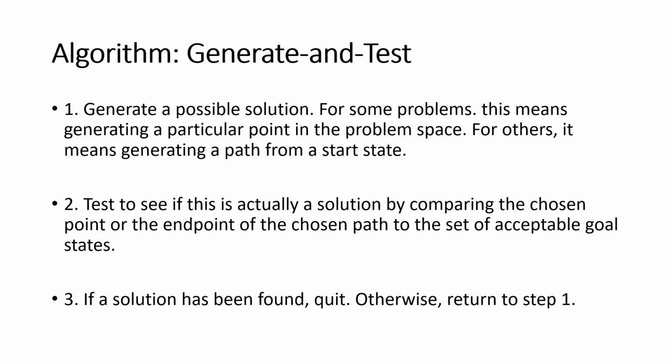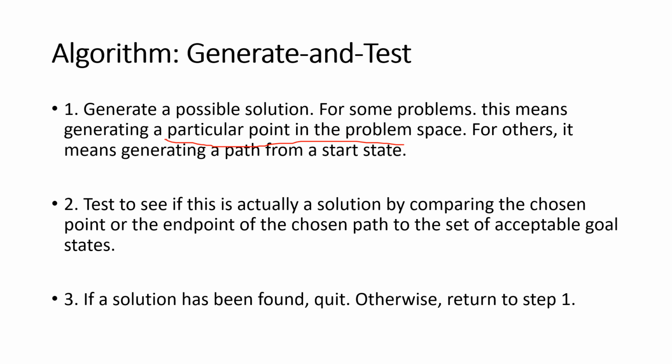And we will see the algorithm. Generate a possible solution for some problem. This means generating a particular point in the problem space. For others, it means generating a path from a start state. So, for example, if we are considering a board configuration in the N-Queens problem, we can start from a particular point in the problem space.